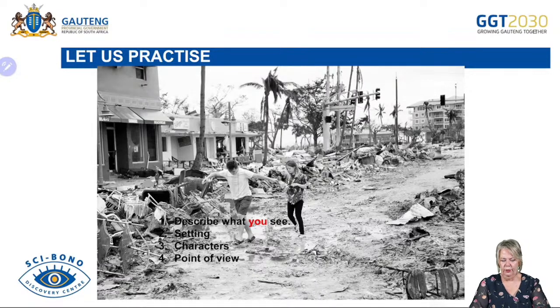In other words, if you are a firefighter or an ambulance person, and you look at the 2 of them, what would your point of view be on what you see in front of you? If you were a seagull sitting on the traffic light, what would your point of view be? And remember, there's no limit to that. As long as you link the picture and your essay, it is yours to write.